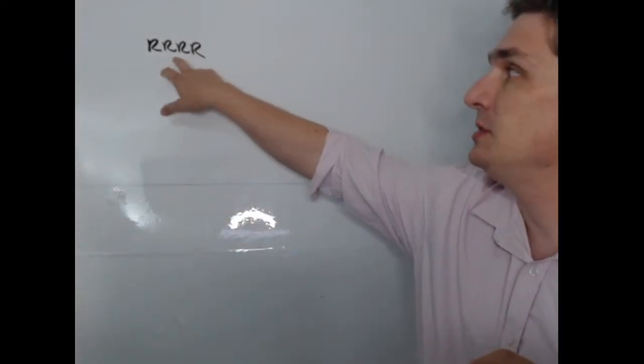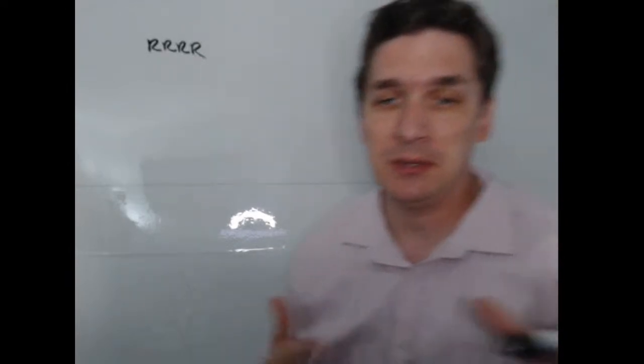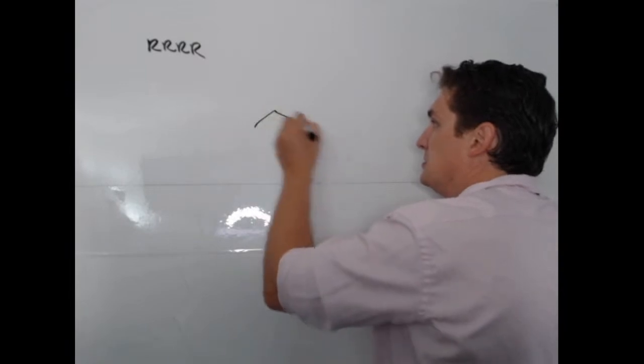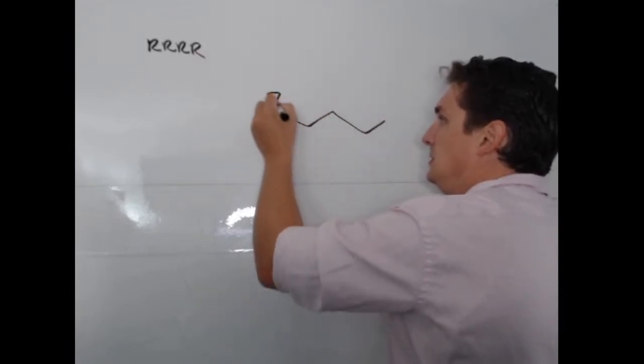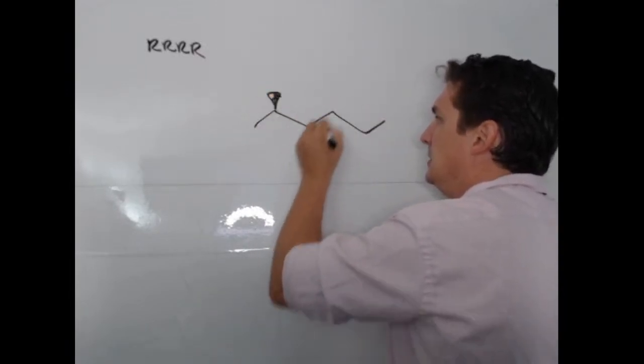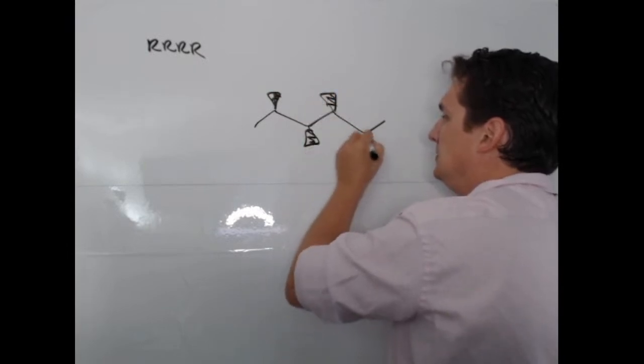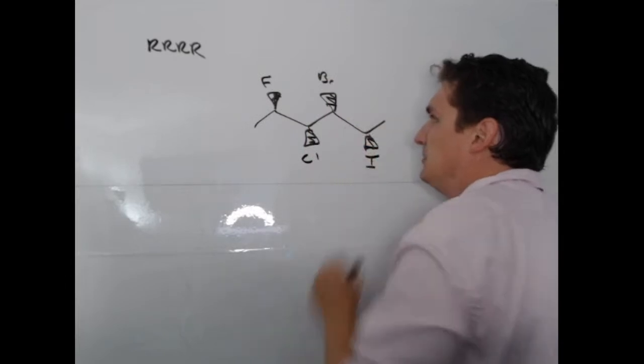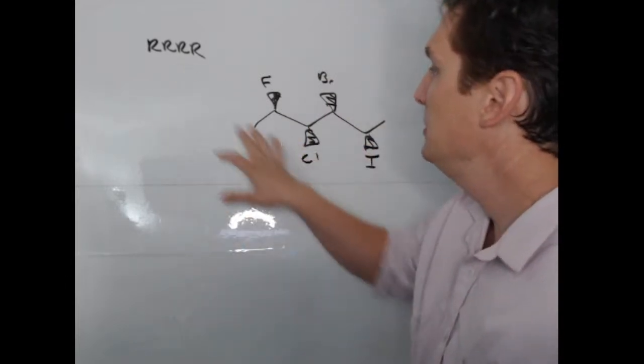Off the bat, let me give you a little context. When we start talking about alkanes, let's say we have something that has 4 stereocenters: fluorine, chlorine, bromine, iodine.